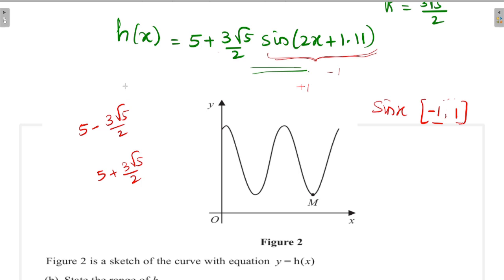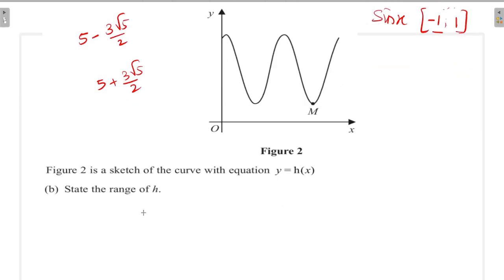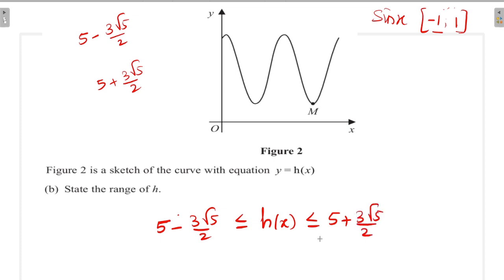So let us write the range. The range of the curve is 5 minus 3 root 5 by 2 less than or equal to h of x, less than or equal to 5 plus 3 root 5 by 2. This is the required range of the curve.